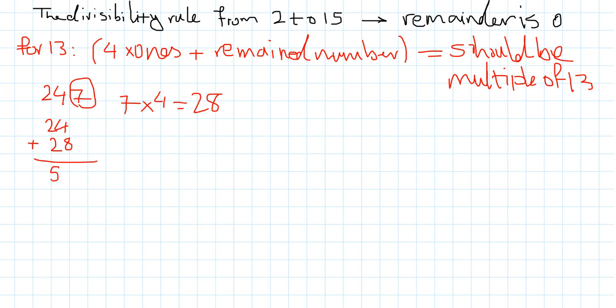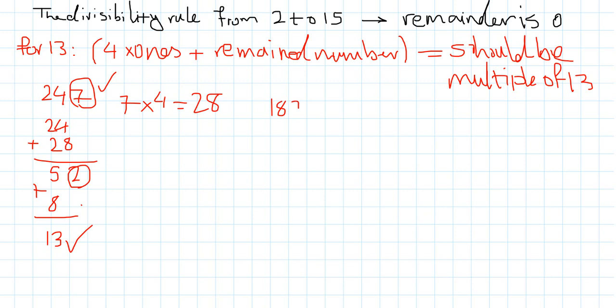It is 52. If you don't know, you can continue more. So now check the 4. Check the number 2. 2 times 4 is 8. Now 8 plus 5 is 13. We know 13 is divisible by 13, so the whole number is divisible by 13.